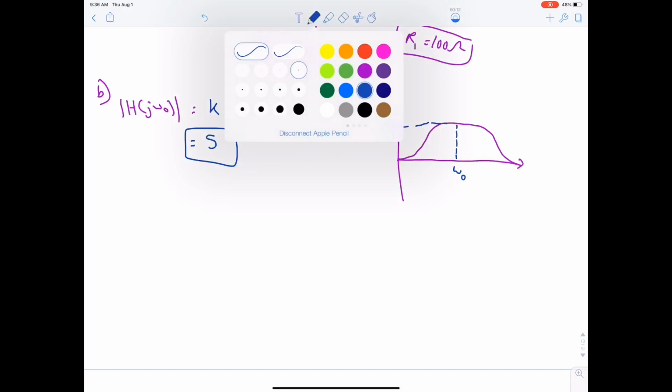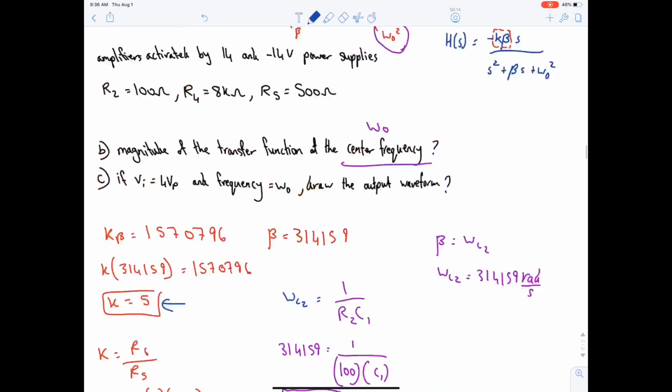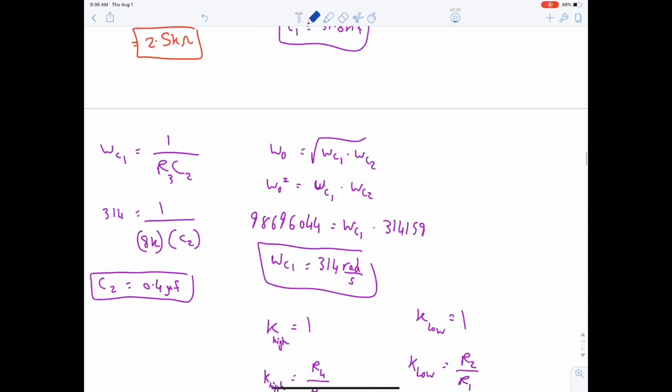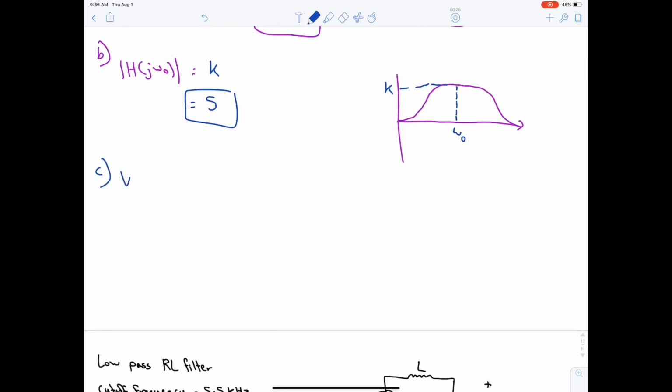For part C, what is part C? It says if Vi is 4 volt, frequency omega naught, draw the output waveform. So we need to draw the output. But do you have the output? No. How can we find the output? Now, we know that the magnitude is V output over V input.